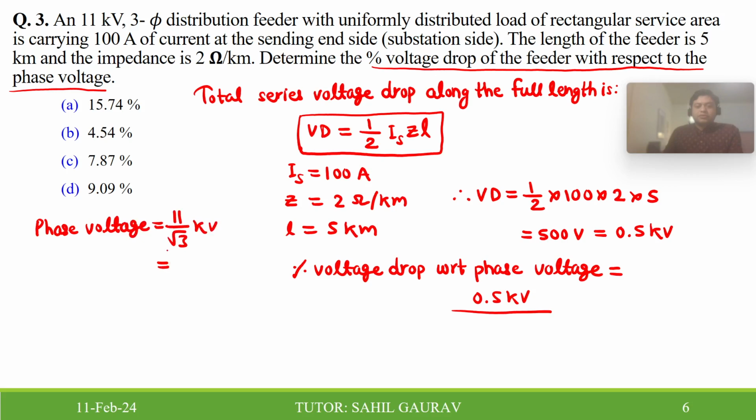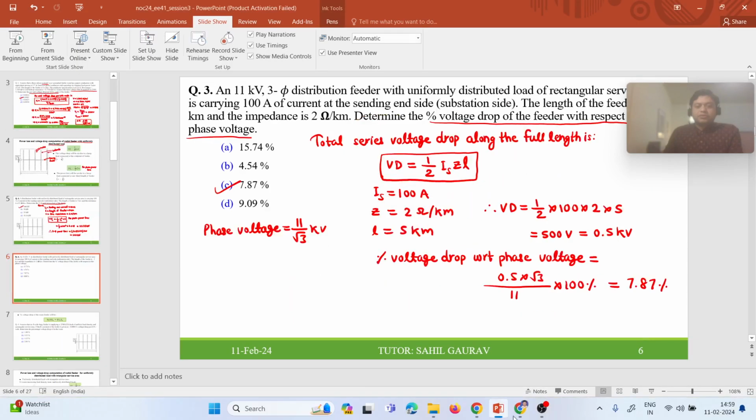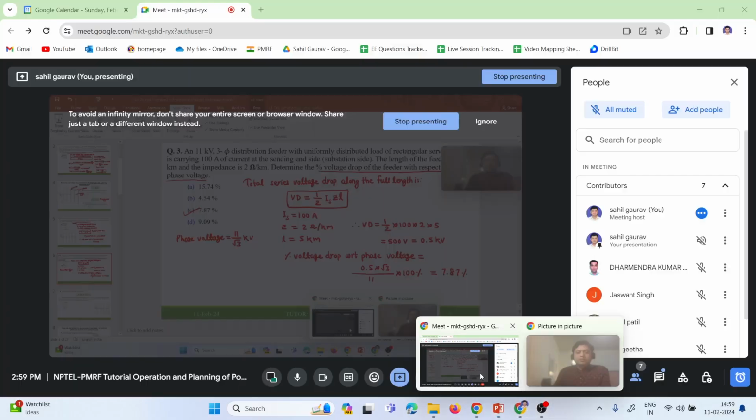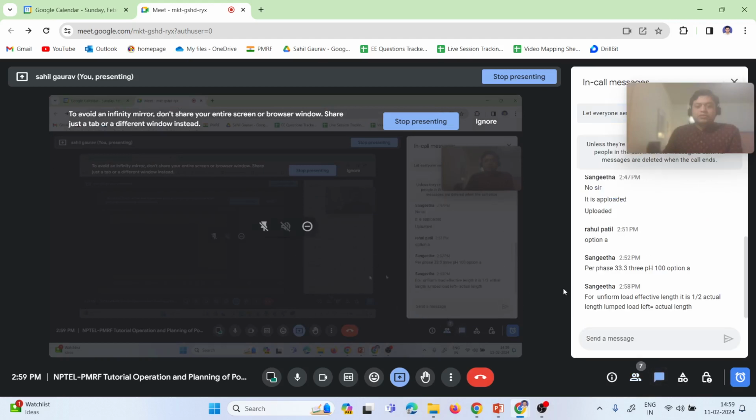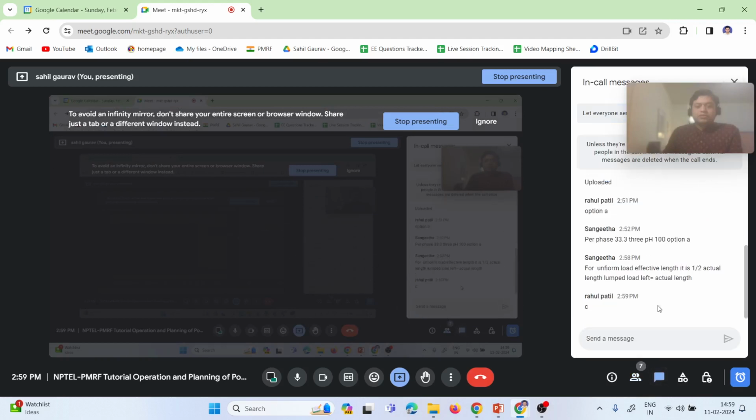Whatever value we get, we put in the final expression: 11 over root 3 goes to the top, multiplied by 100, so you get it in percentage form. This comes as 7.87%. So see the correct answer. Did anyone get the answer? Yeah, Rahul Patil is getting the correct answer.